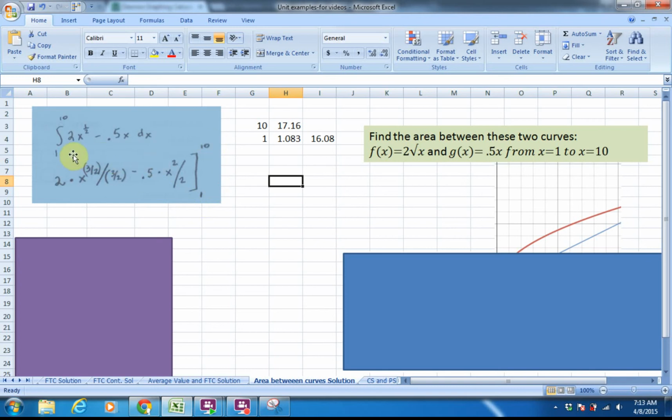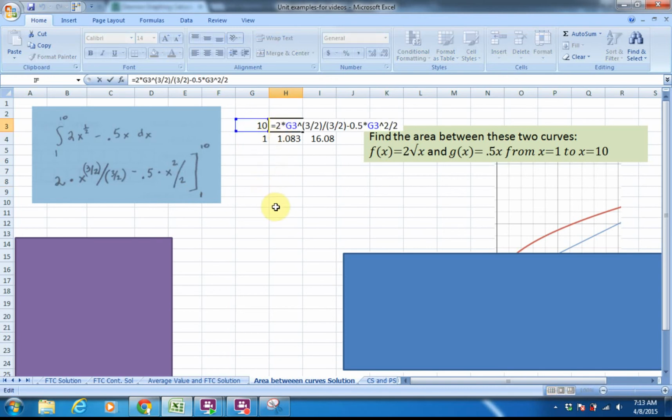One of the things I want to mention is that sometimes, especially in functions that are more difficult, you may see that you have two separate integrals set up. You might need parentheses around your entire second function, obviously if there's more than one piece, but I wanted to start with something simple. So here's my upper limit of 10, my lower limit of 1.